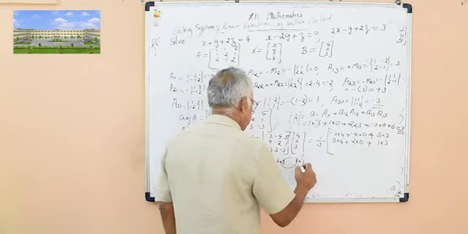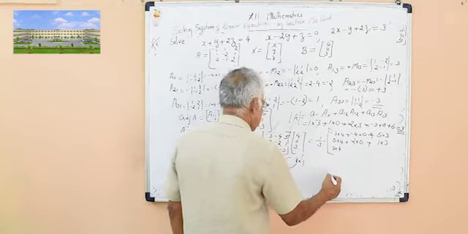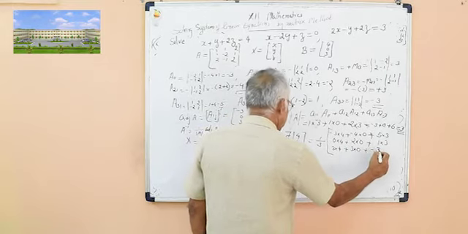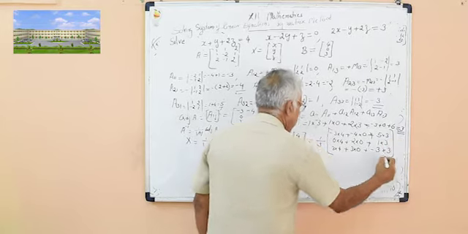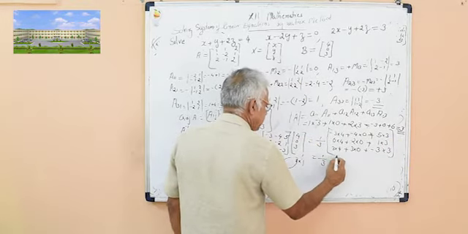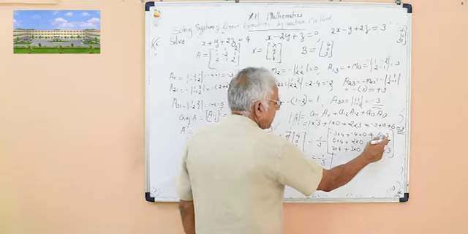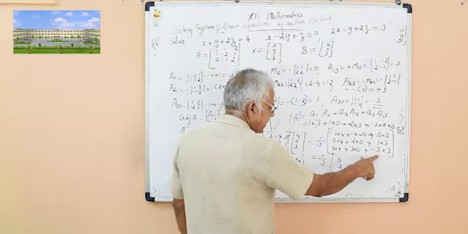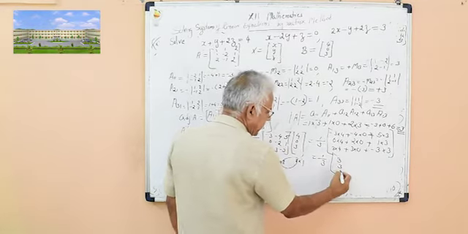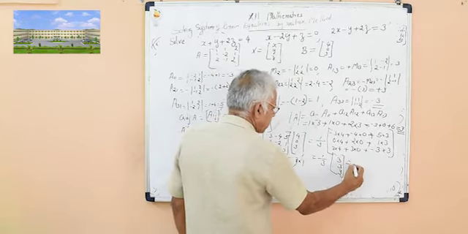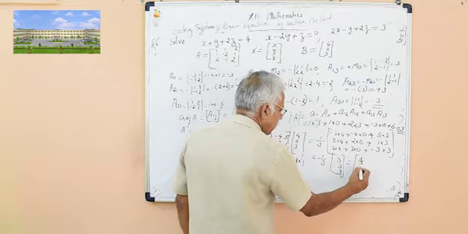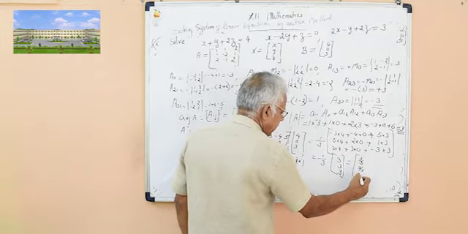Again, R3 with C1: 3 into 4 plus 3 into 0 plus minus 3 into 3. It is equal to 1 by 3 into, simplifying, minus 12 plus 15, 3; 0 plus 0 plus 3; 12 plus minus 9, which is 3. Therefore, 3 by 3, 3 by 3, 3 by 3, dividing by 3.